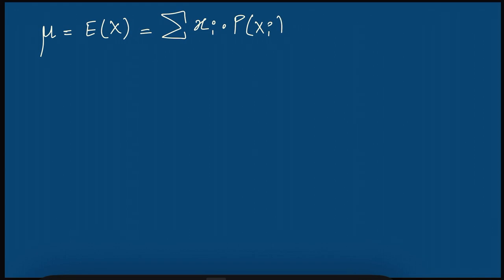What's the process? The process is quite simple. If you remember, how do we calculate the mean of a random variable? The mean of a random variable mu is nothing else but the expectation of x. And what is the expectation of x? The expectation of x is the summation of xi into p of xi.